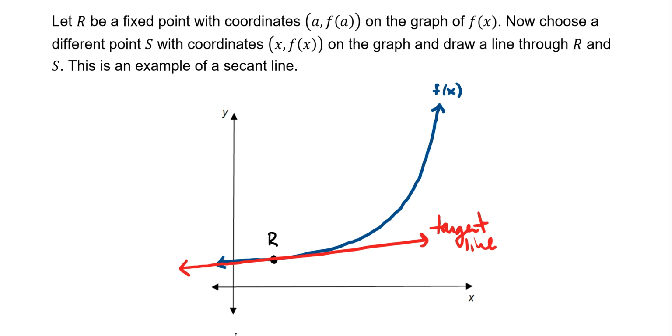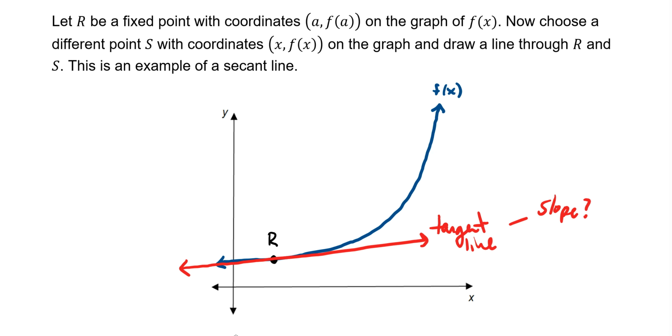So then the question is how the heck can we figure out the slope of the tangent line when we only have 1 point? Usually when you think slope, you should be thinking slope formula. In order to use the slope formula, you need 2 points, right? x1, y1, and x2, y2. So if you only have 1 point, how the heck can you find the slope of this tangent line?